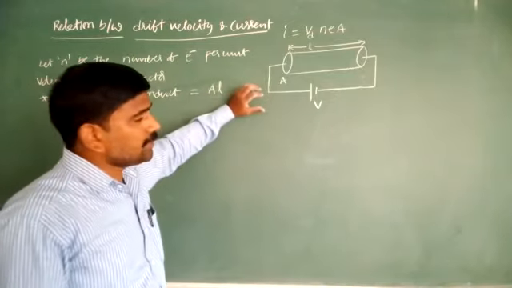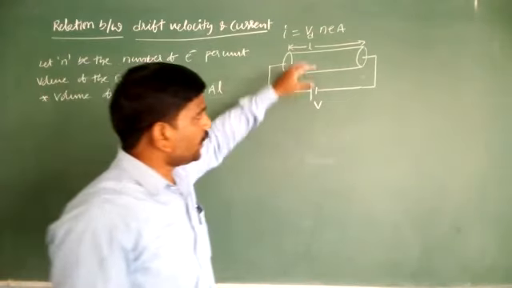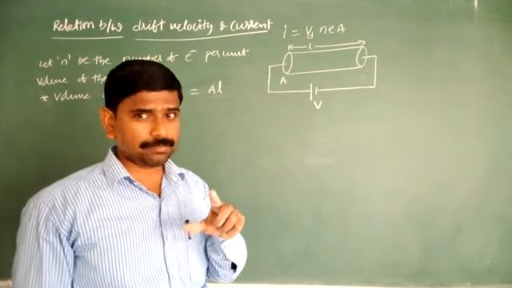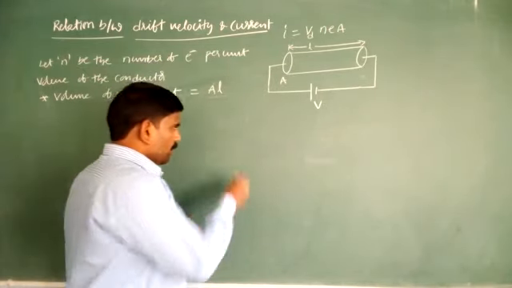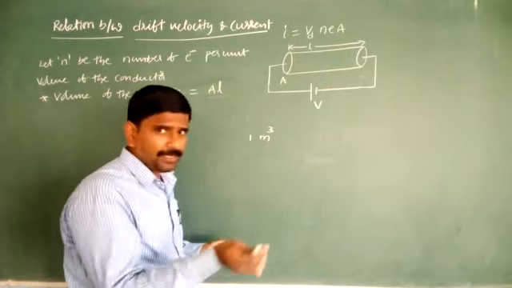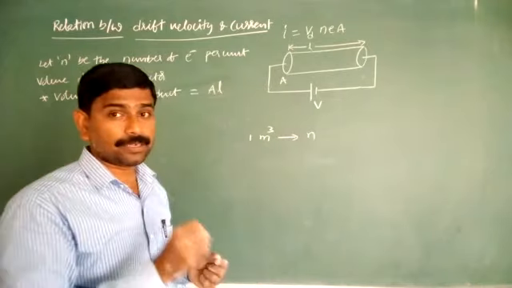Now, what is the number of electrons contained by this conductor? That is not n. Try to observe: number of electrons per unit volume means 1 meter cube or maybe 1 centimeter cube, and that consists of n electrons.